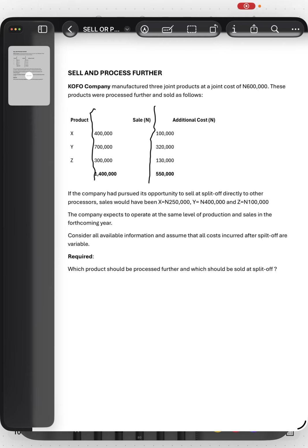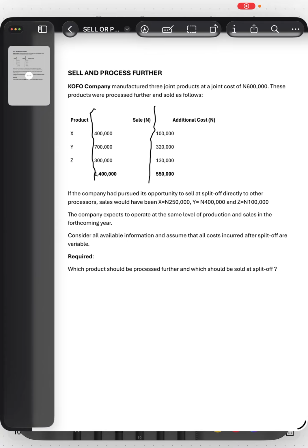The company expects to operate at the same level of production and sales in the forthcoming year. Consider all available information and assume that all costs incurred after split off are variable. Required: which products should be processed further and which should be sold at split off point?